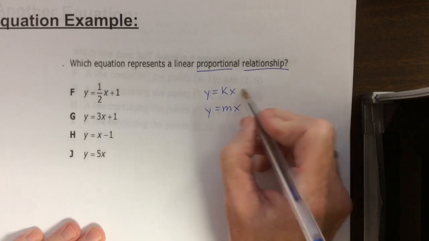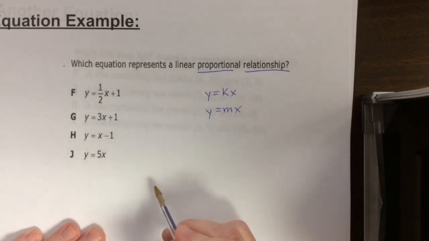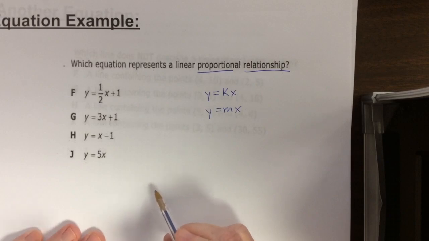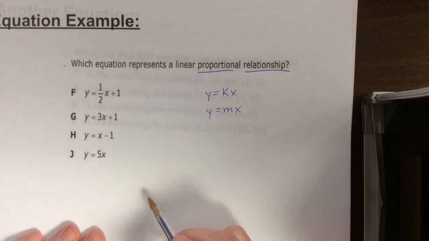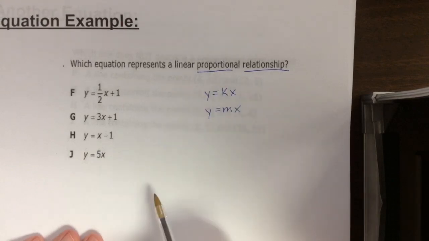Therefore, there's nothing after the x because there's just one number in the equation. We'll get to non-proportional equations next unit, but right now we're just looking for proportional.